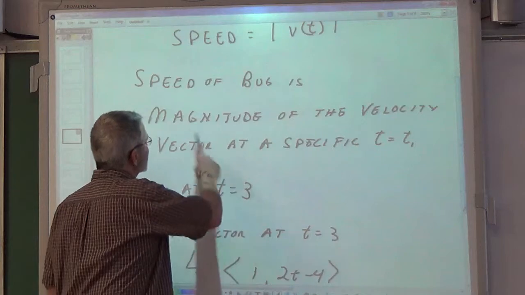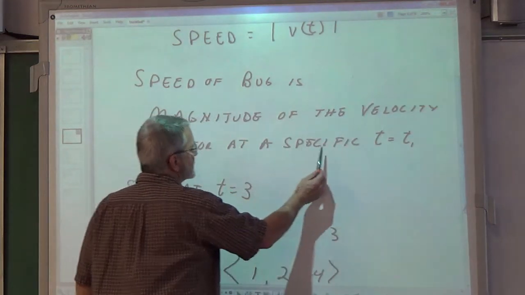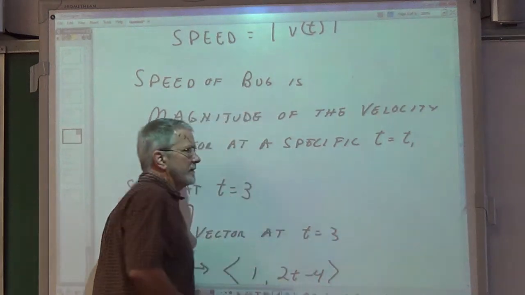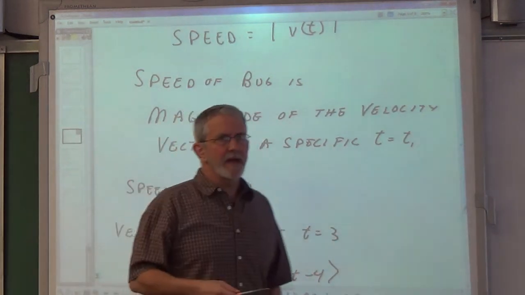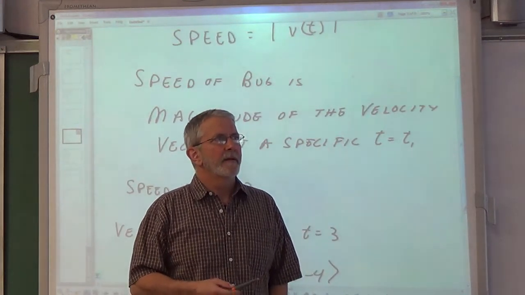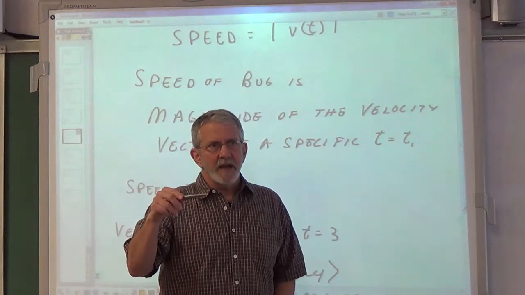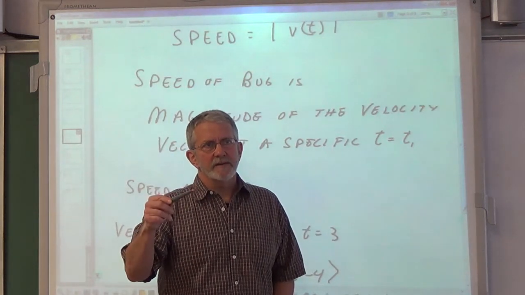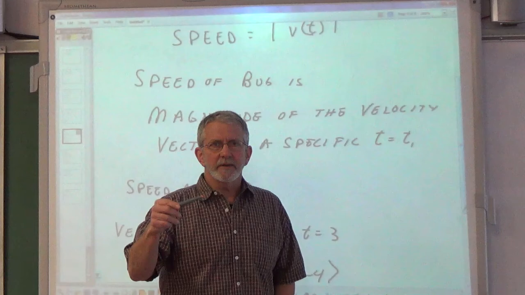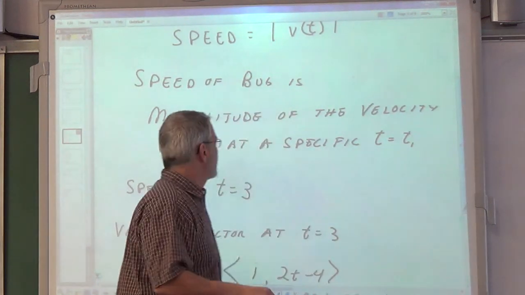What is the speed? It's the magnitude of the velocity vector at a specific time t, t sub 1, or whatever that arbitrary t value is. Now's when I need to recall that discussion from yesterday about what a vector is and what the magnitude of a vector is.